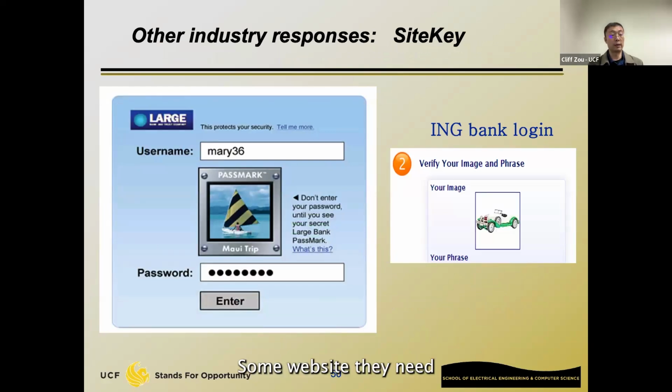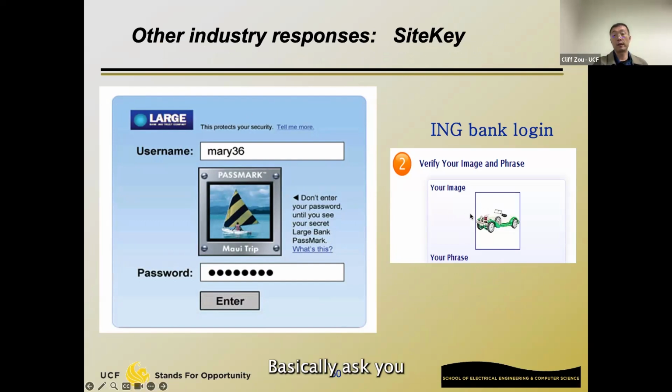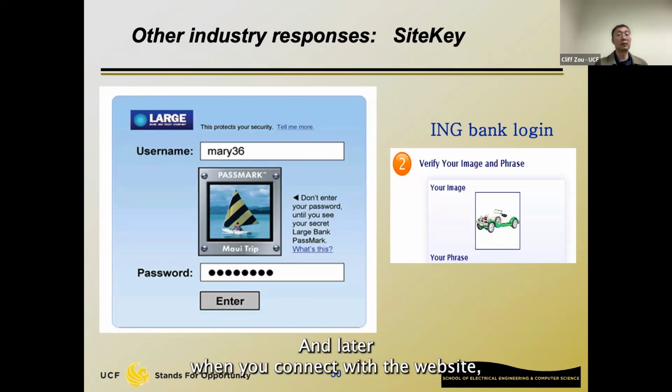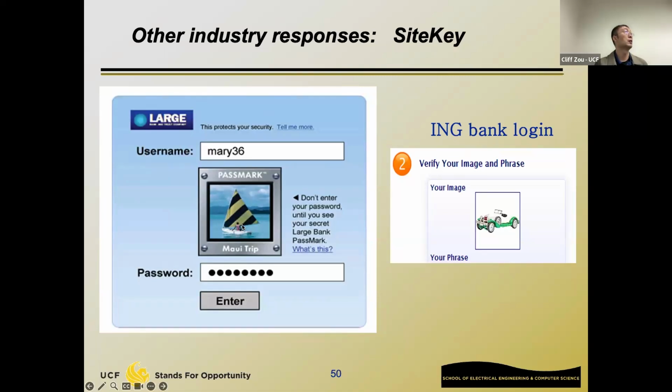Some websites try to defend against that using a so-called site key. Basically, when you create an account on that website, they ask you to pick an icon, a small image, from a large list of images. And later on, when you connect to the website, you should verify whether the website gives you the correct image or not.